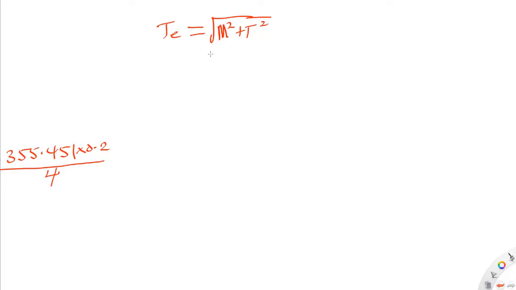And that should give us the square root of the bending moment 167.773 squared, plus the torque, which we calculated earlier to be equal to 238.732, also squared.